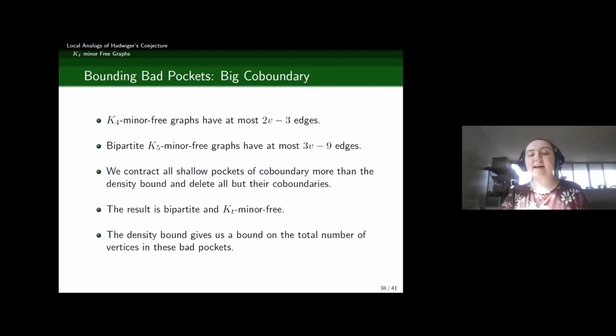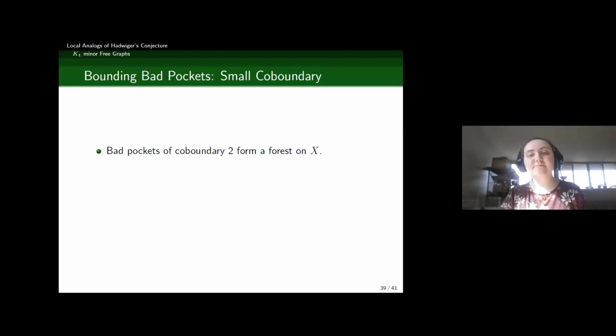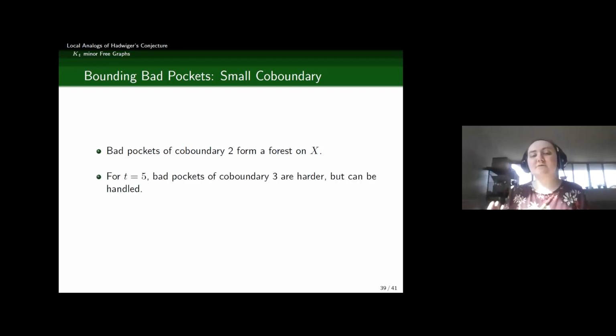So yeah, you've got a bound on the total number of vertices in these bad pockets. You subtract everything, you're left with enough pockets to form a wallet. And it's the same idea with bad pockets of coboundary 2 that can't have an edge added, they form a forest. For t equals 5, bad pockets of coboundary 3 are a complete and utter pain, but they can be handled.